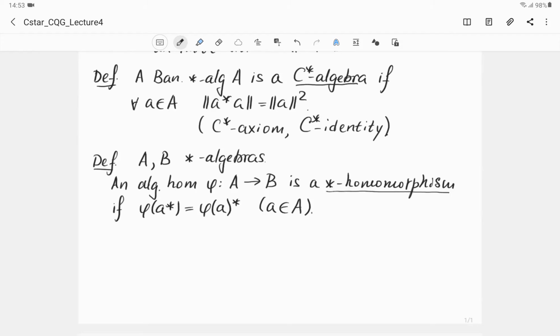Okay, now before we look at examples of C-star algebras, let's give one more definition.